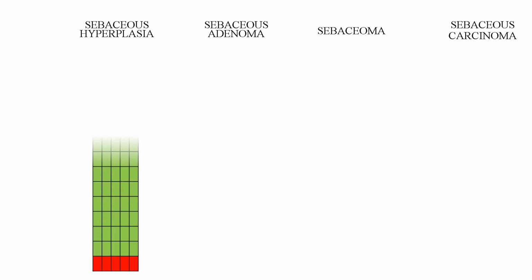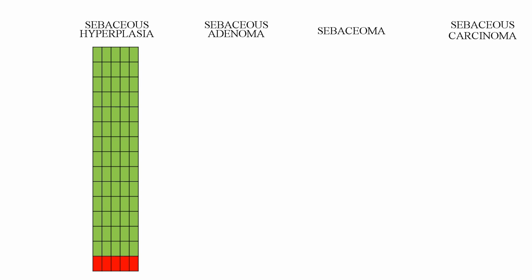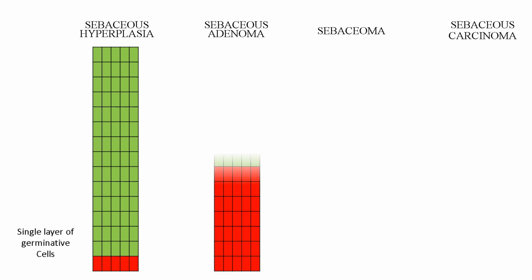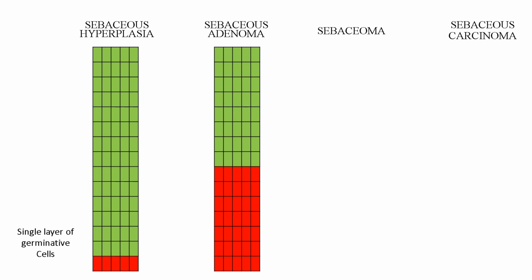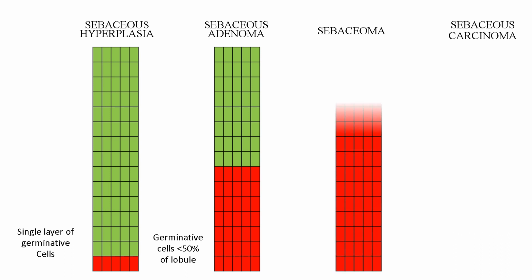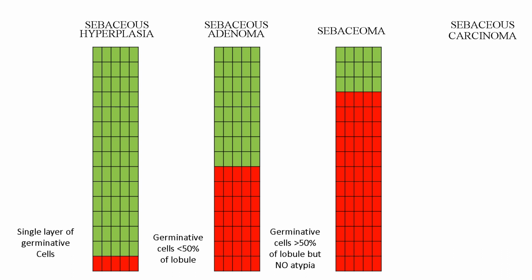Sebaceous hyperplasia has just a single layer of germinative cells. Sebaceous adenoma, as you can see, has many layers, but those layers are less than 50% of the lobule. Sebaceoma has more than 50%. The germinative cells constitute more than 50% of the lobule, but there is no cellular atypia.